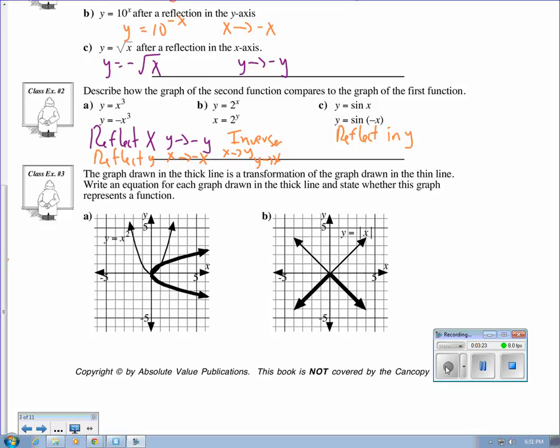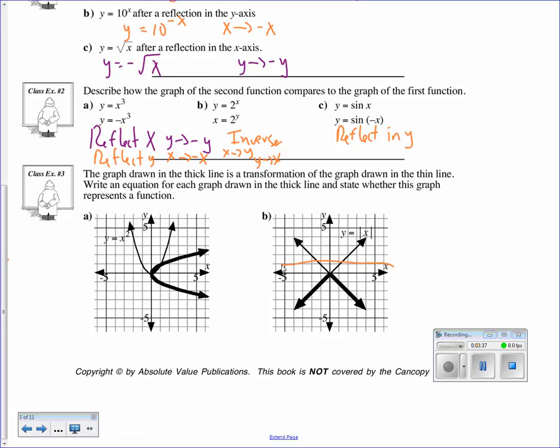What has happened in these graphs? You're going from thin graph to thick graph and trying to understand what happened. I can clearly see the mirror in this one, in that this is my mirrored line, which is the x-axis, which means my y has become minus y.